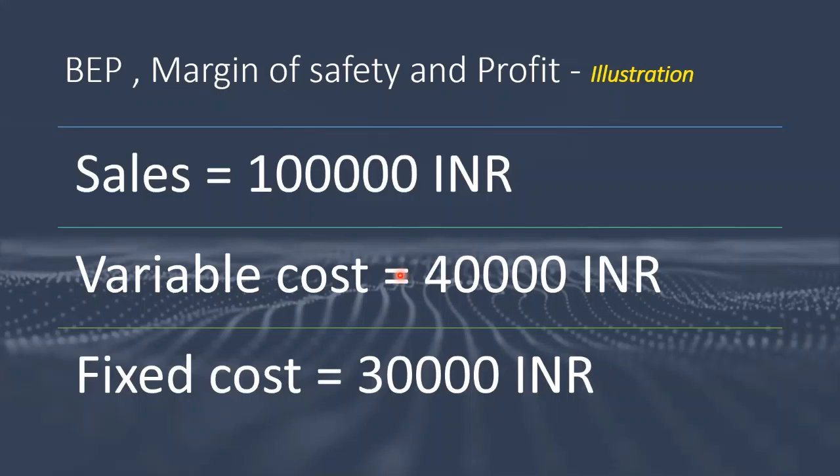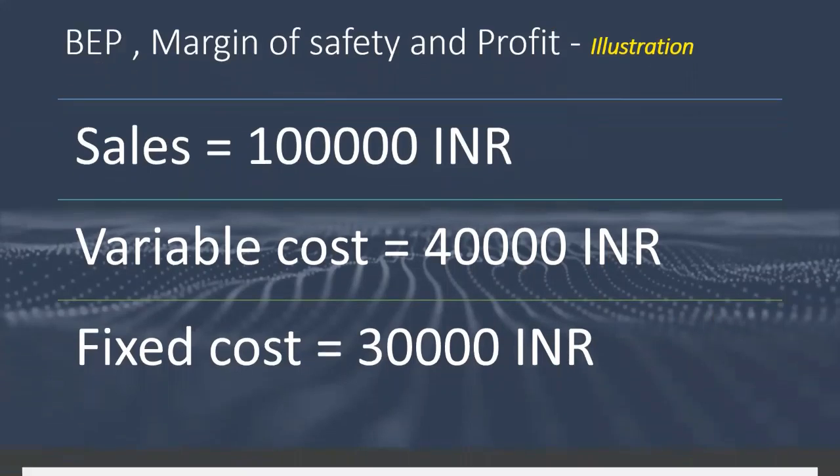And repeat: sales minus variable cost, 1 lakh minus 40,000, that is 60,000. Fixed cost 30,000 divided by 60,000 is 0.5. In percentage terms, 50%. 50% of sales will be equal to BEP sales, break-even point sales.